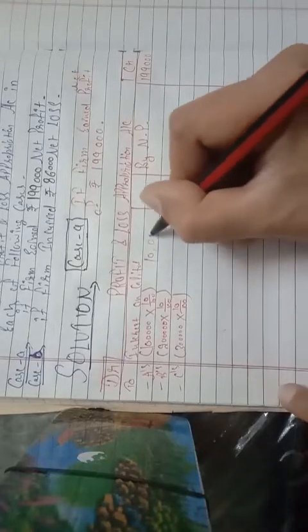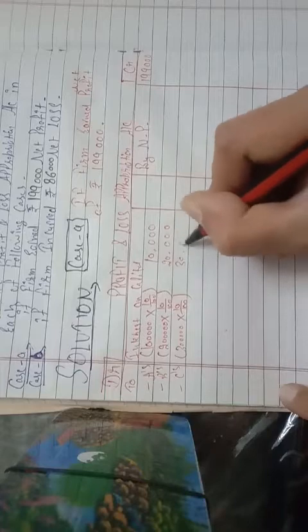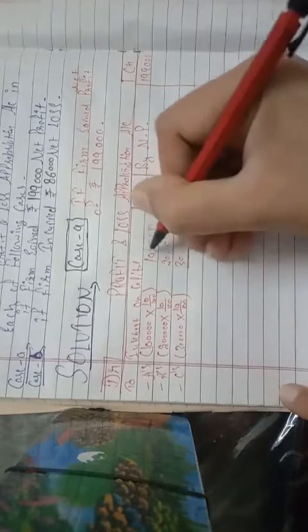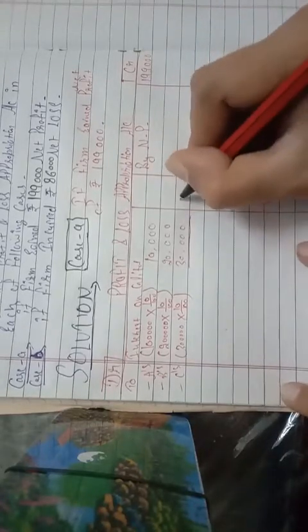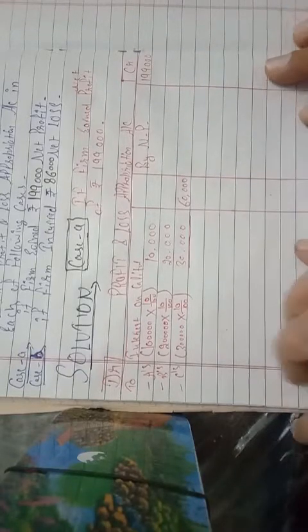So interest on A's capital will be 10,000, B's 20,000 and C's 30,000. Total interest on capital will be written in the main column, 60,000.